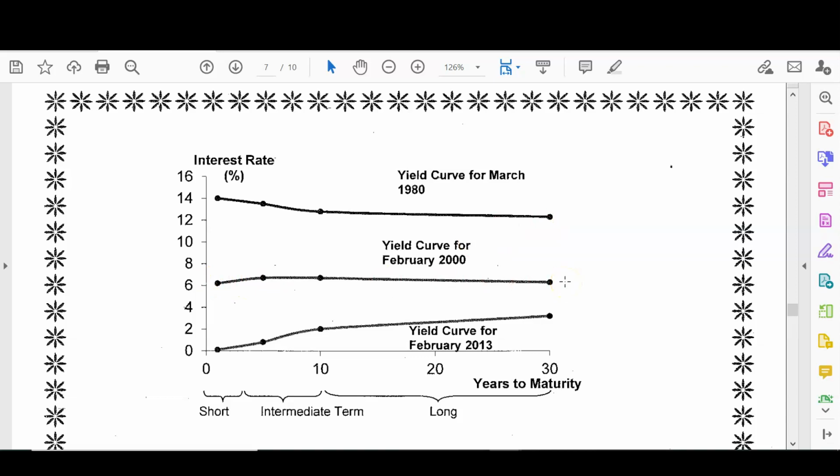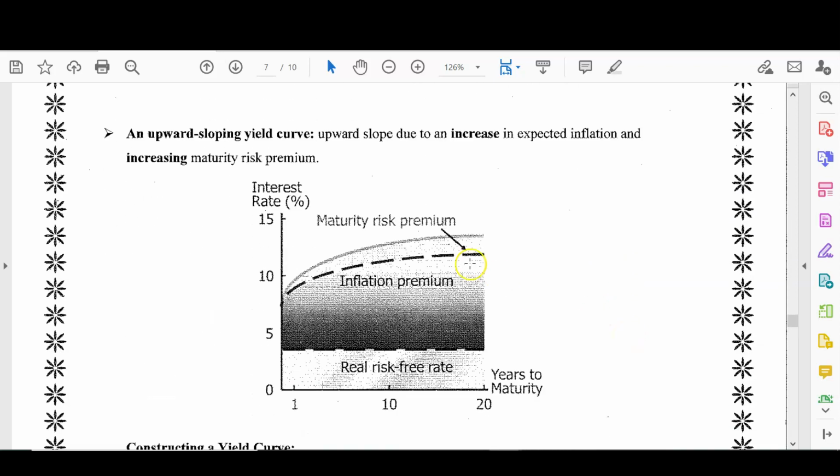Usually, in most cases, in a good economy, the yield curve is upward sloping like this one. In a bad economy, it could be downward sloping, and in between times, it could be flat. An upward sloping curve is a typical yield curve. In good economies, we have an increase in IP and an increase in MRP when T increases.